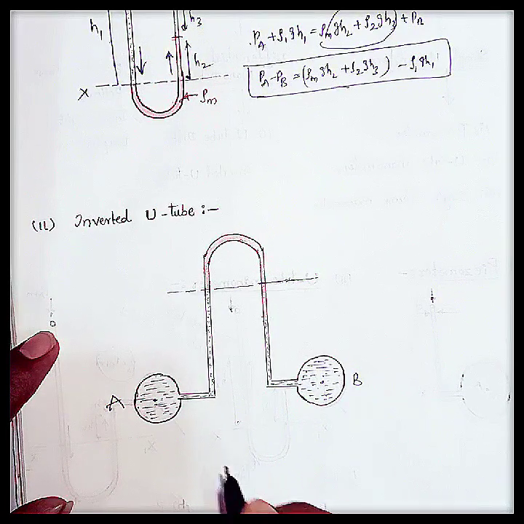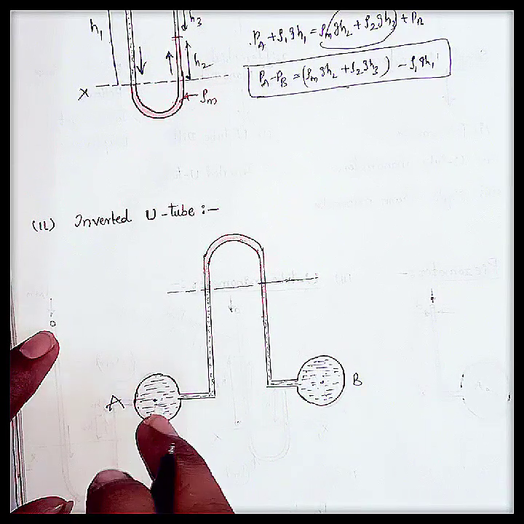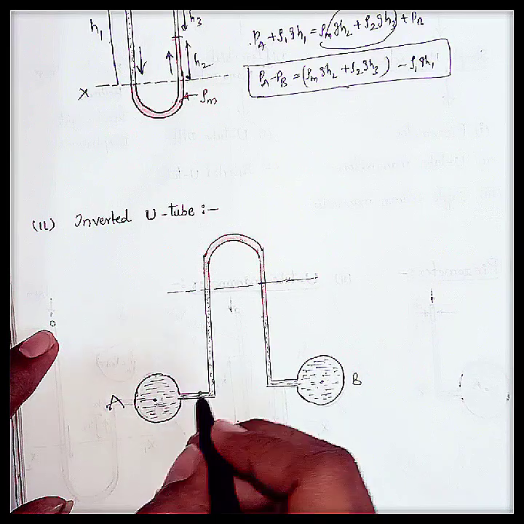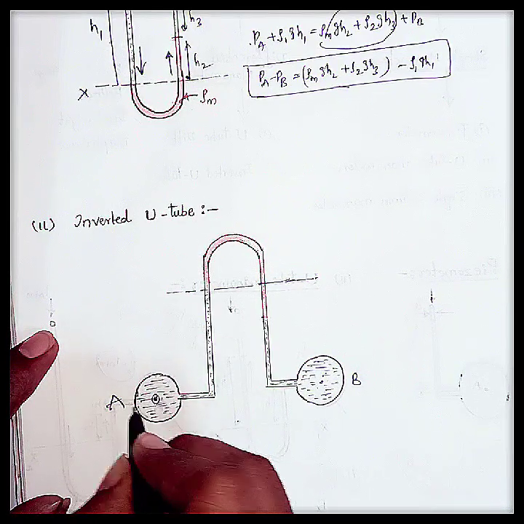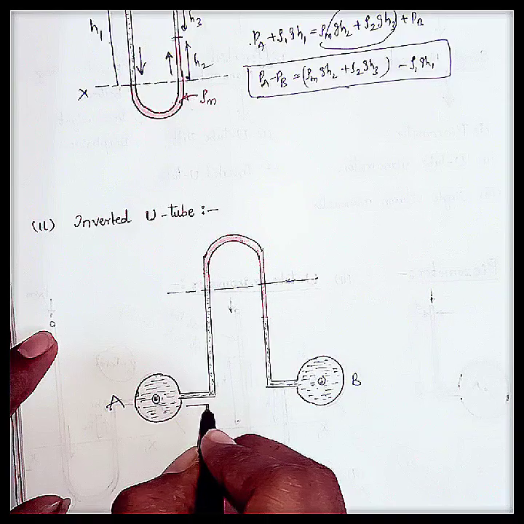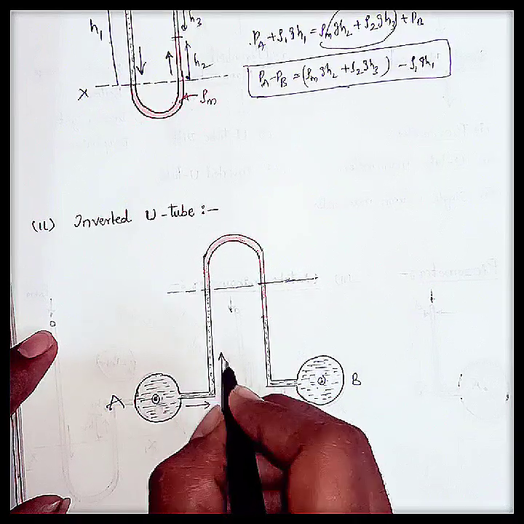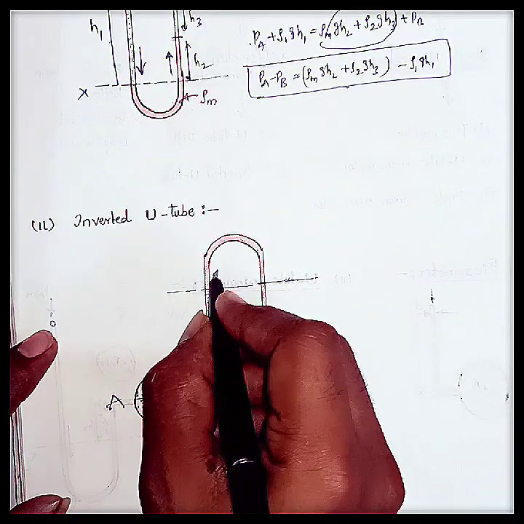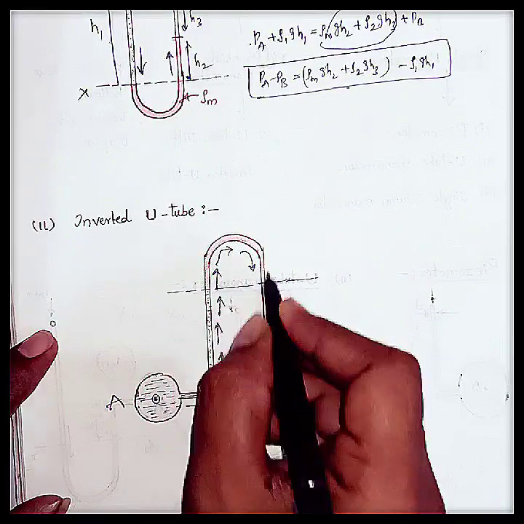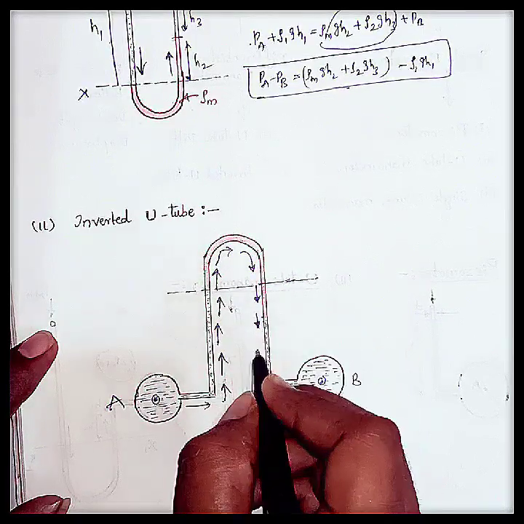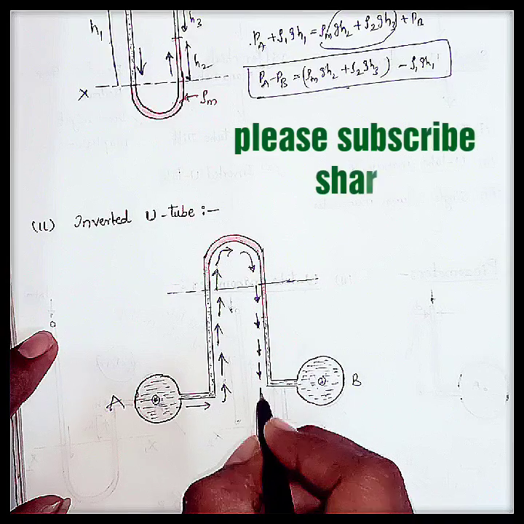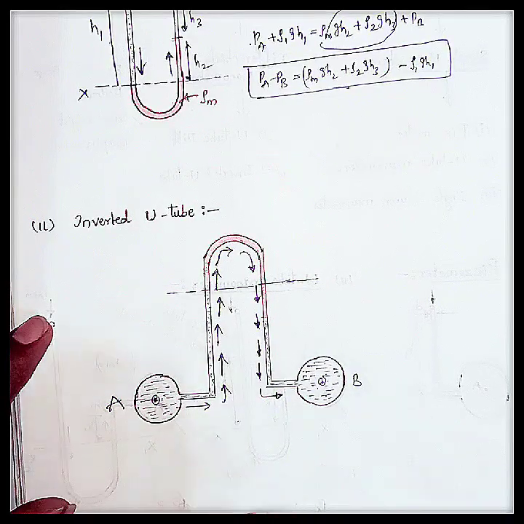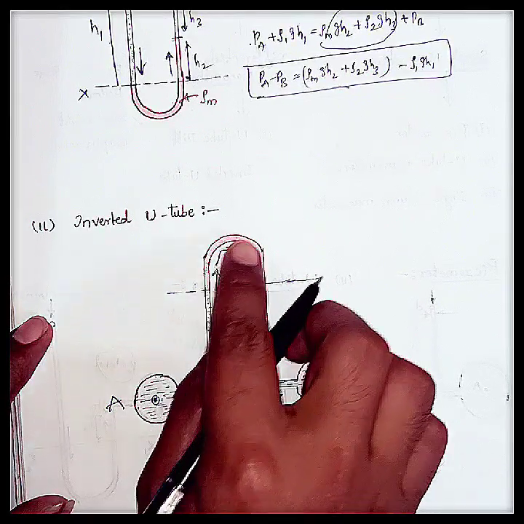First, you should consider one direction to measure the pressure difference between these two pipelines. Let us consider I am going from the pipe A line to the pipe B line like this. I am drawing one direction like this to measure the exact pressure difference between these two pipelines.